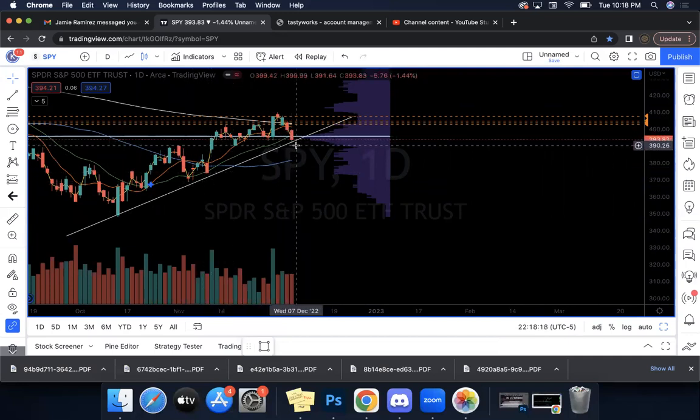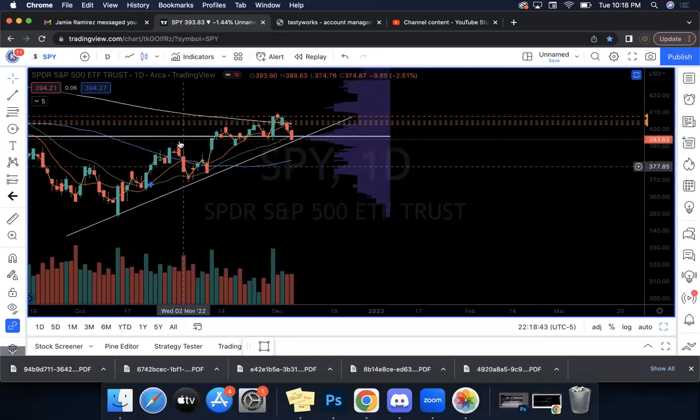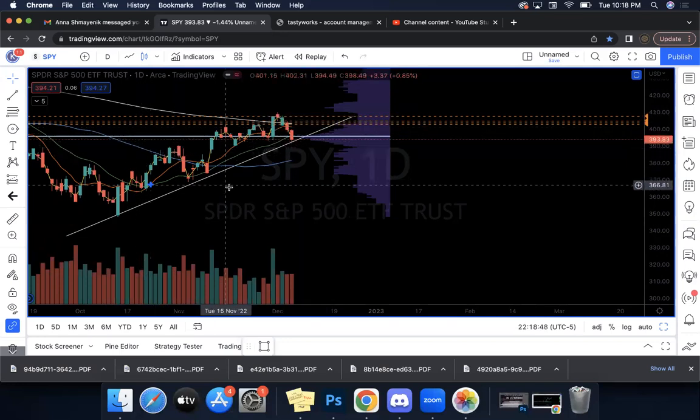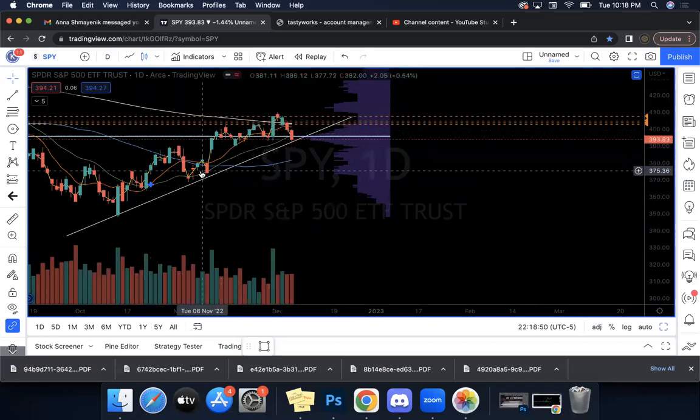So once this breaks this trend line, SPY could potentially go down to, I'll tell you guys right now, 388, 388.5 even. So that's what I mean on trend lines on the 3 month or the 1 month. That's how I use them, and vice versa.